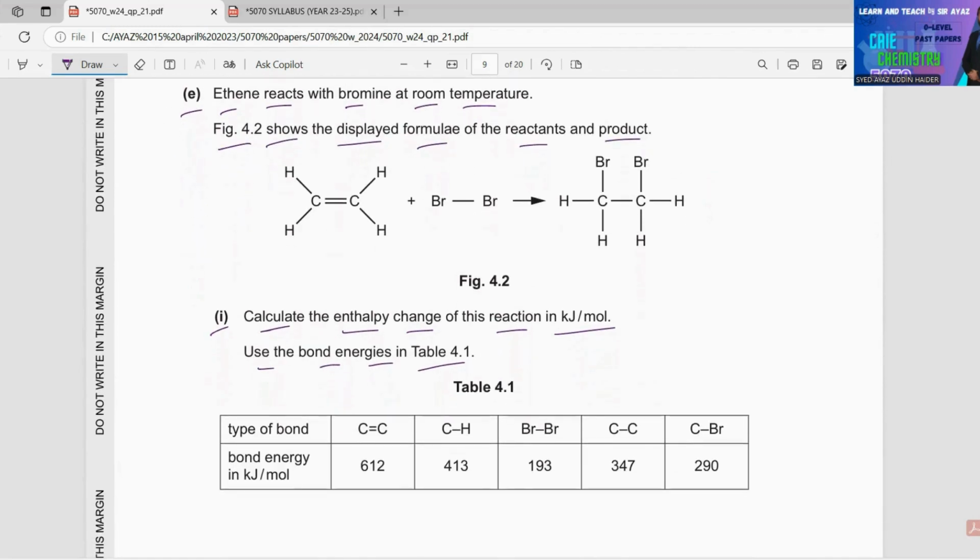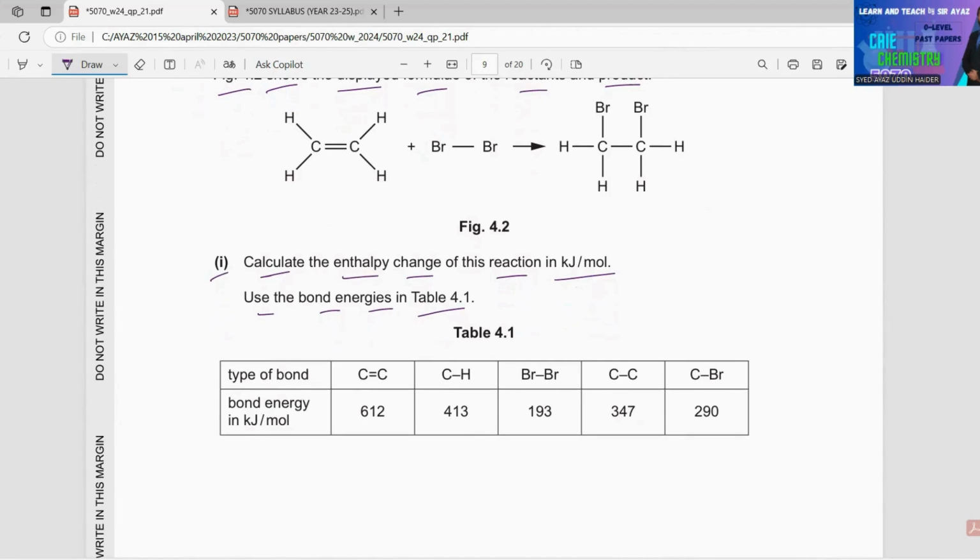We need to calculate the enthalpy change. You know the formula? Energy needed to break bonds minus energy released when bonds are made.